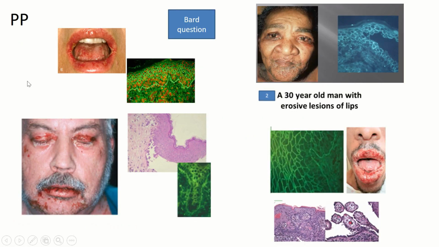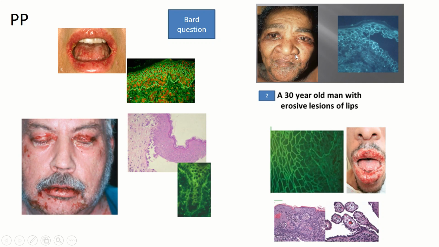Here are some paraneoplastic pemphigus cases. Severe stomatitis. Here stomatitis involving the lip. Some cutaneous lesions.